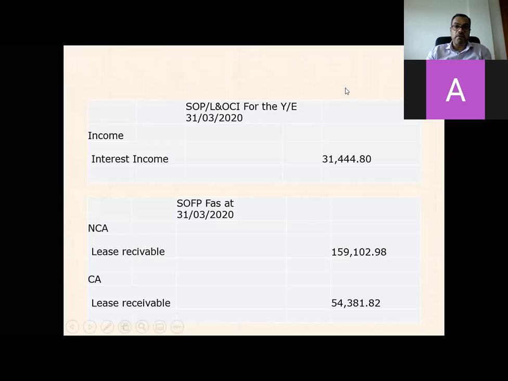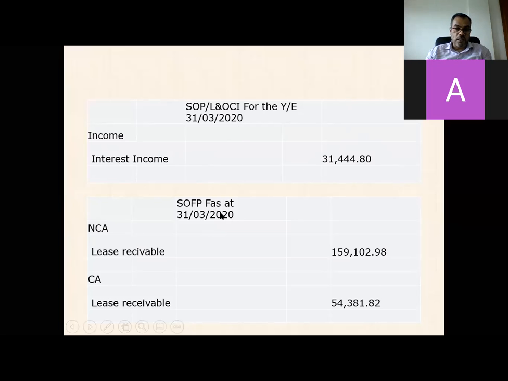Since this is a finance provider, you can show this under your main source of income, the part of your revenue. Revenue is interest income. It's not separately finance charge. If you do a separate business, and in addition to that business, if you do this leasing business, this can be recognized again as interest or lease income generated from leases or something.